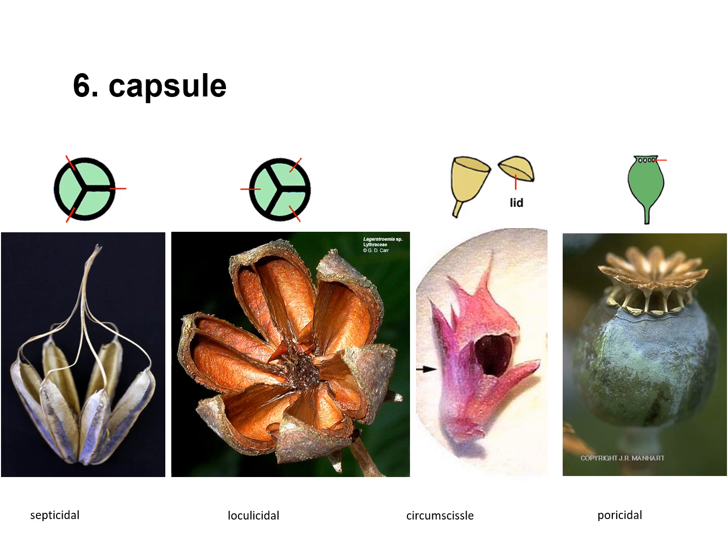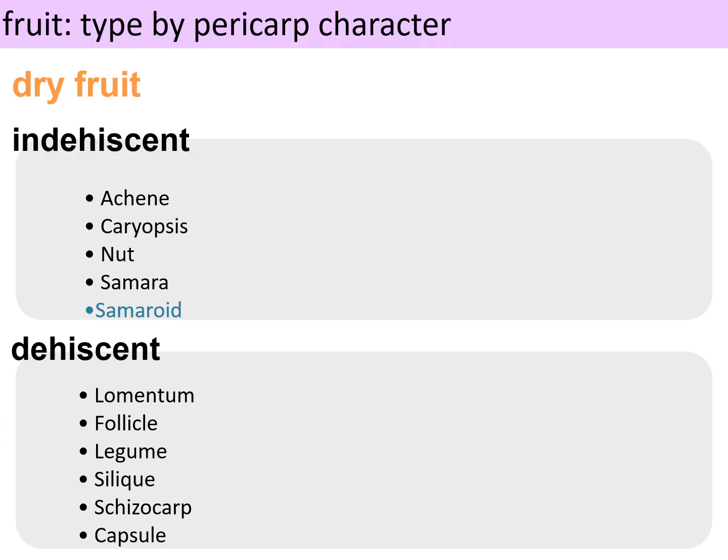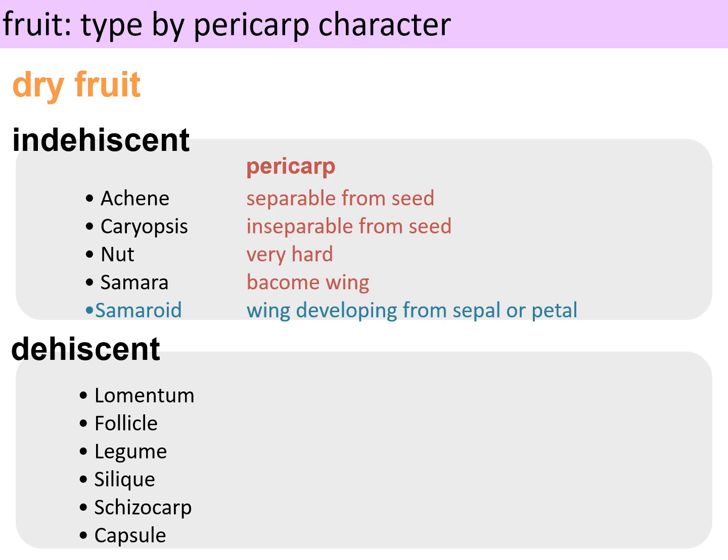So this is the summary of the dry fruit that can be separated into dehiscent and indehiscent dry fruit. We use the pericarp character to identify or separate each type.